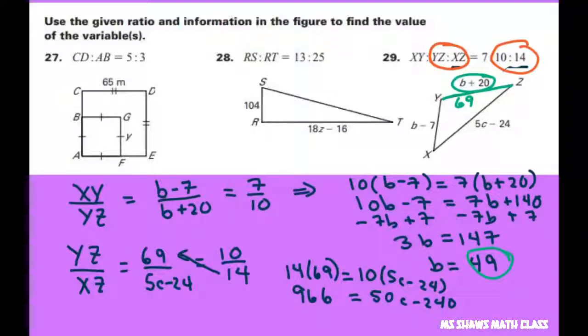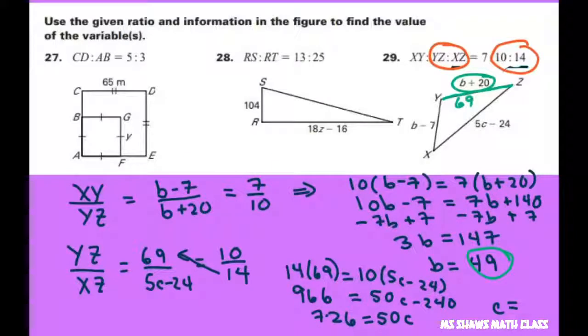Oh my goodness, let's see. 966 minus 240 gives you 726. So you subtract 240, you get 726 equals 50C. So C is 726 divided by 50, which gives you 14.52.